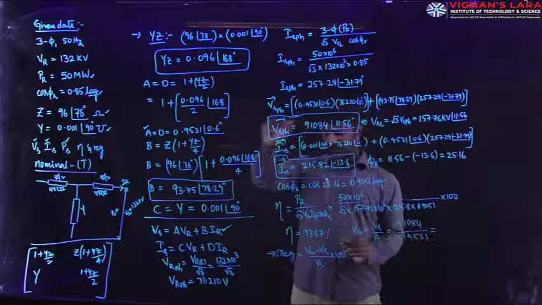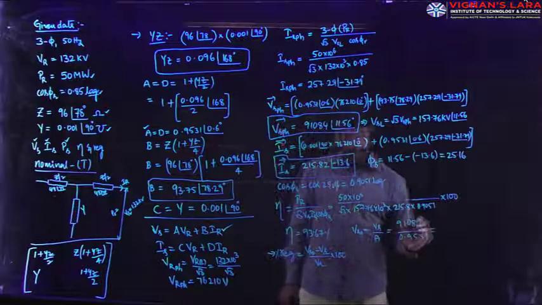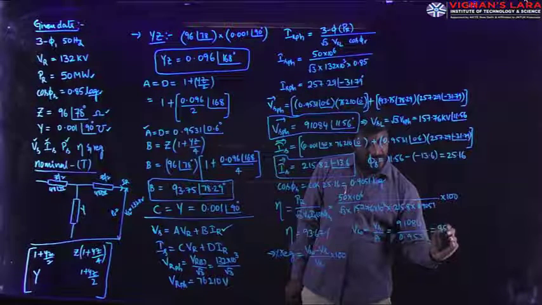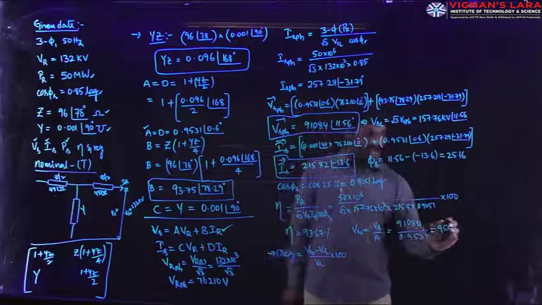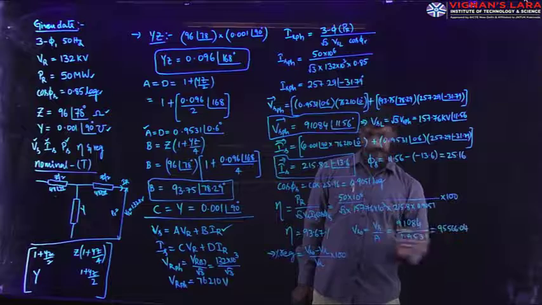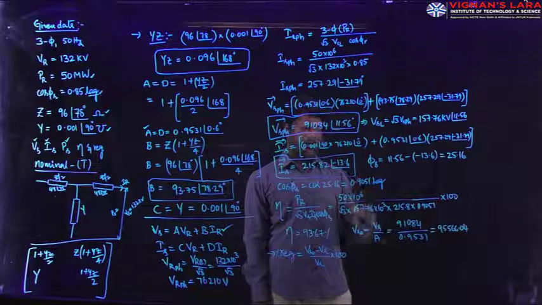Then we get VR naught as 95566.04. This much voltage is available on the receiving end side at no load operation.